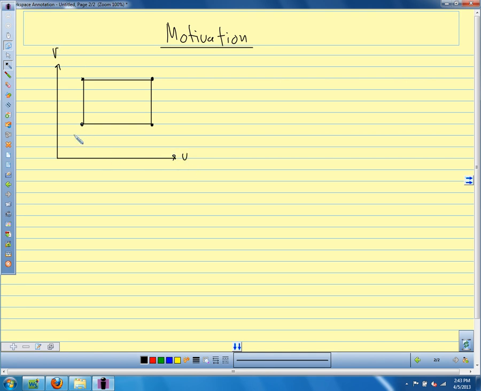We're going to say this vertex just has coordinates (u, v). And our rectangle, we're going to say our rectangle is small. So the coordinates of this rectangle, we're just moving up by a small amount, v plus delta v. This is going to be u plus delta u, v. And this one we have u plus delta u and v plus delta v.